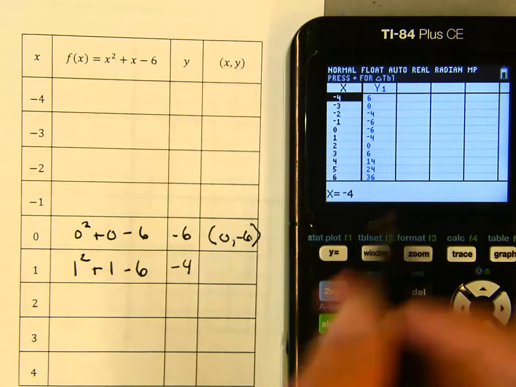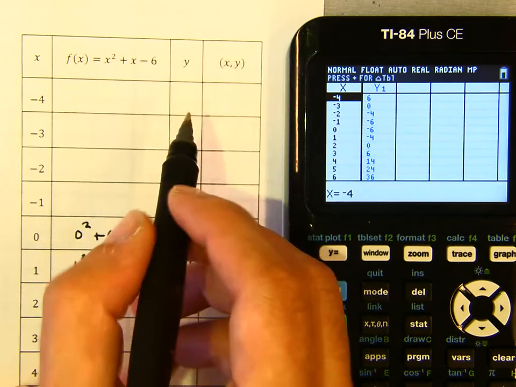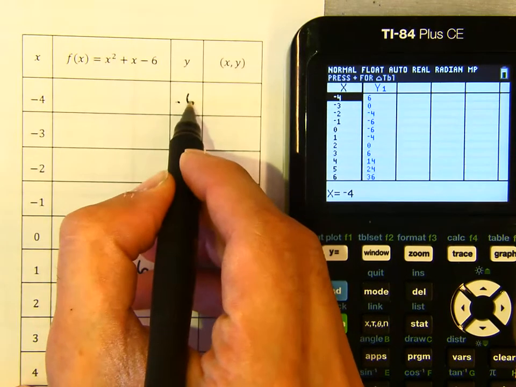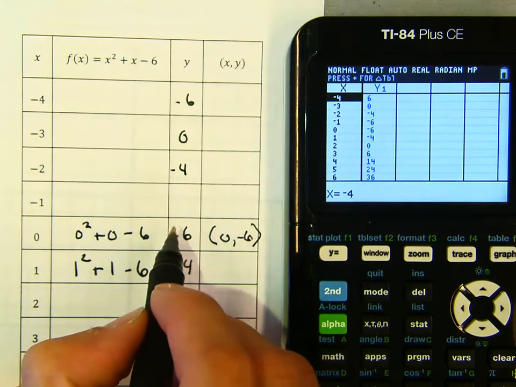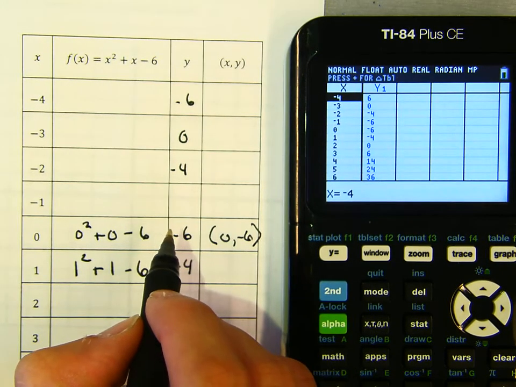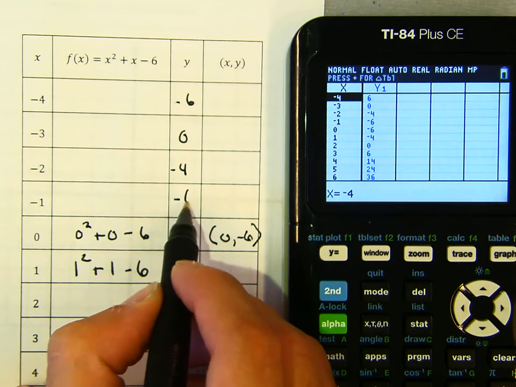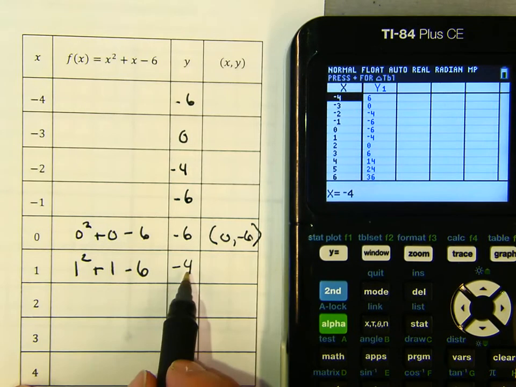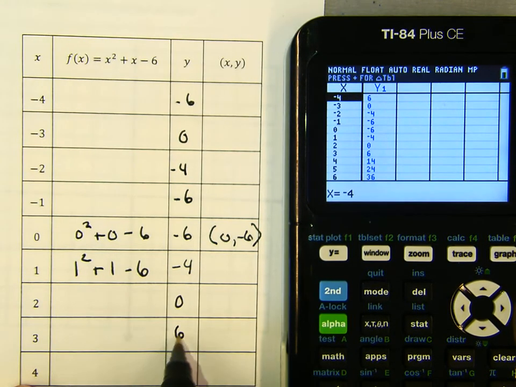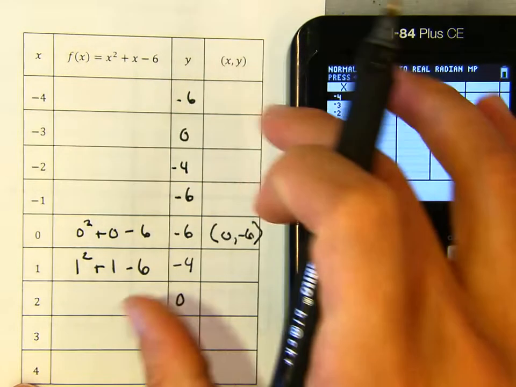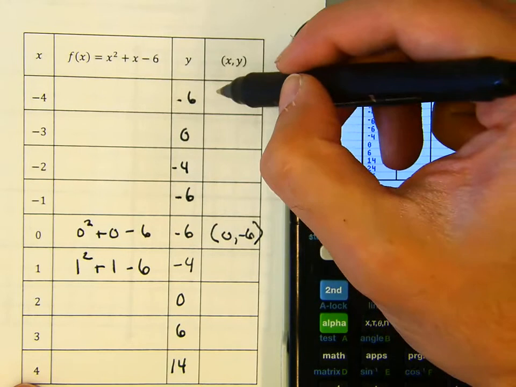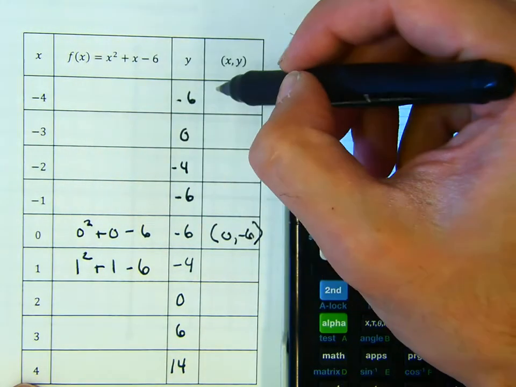So what I'd like you to do is put in the y values here. This is negative 6, 0, negative 4, negative 6, negative 6, negative 4, 0, 6, and 14, right? This is my x, this is my y, so this is the point.